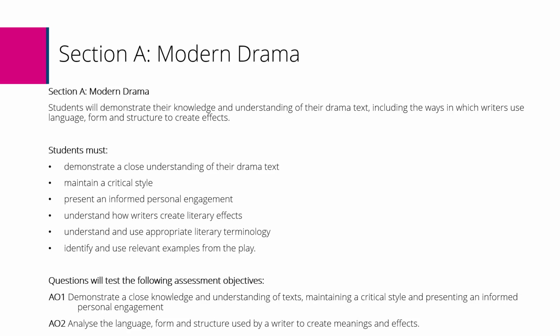So moving on to paper 2, when we're thinking about modern drama, students demonstrate their knowledge and understanding of their drama text, including the ways in which writers use language, form, and structure to create effect.